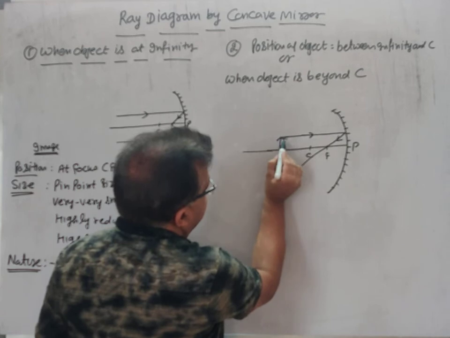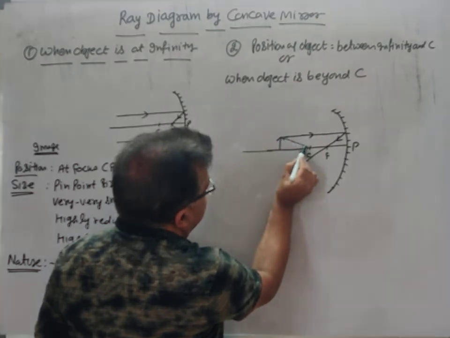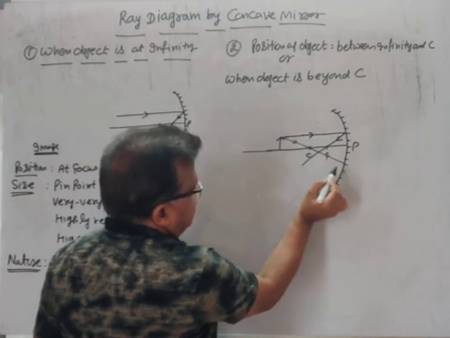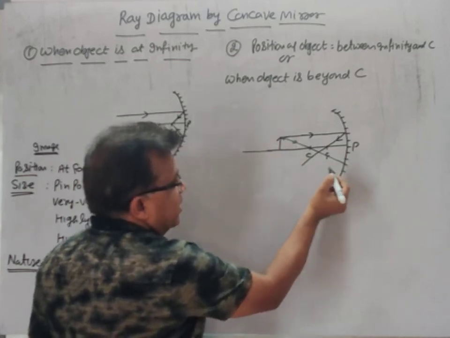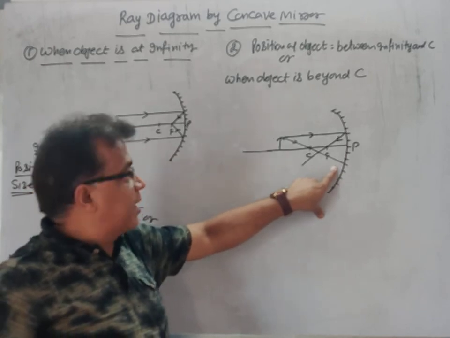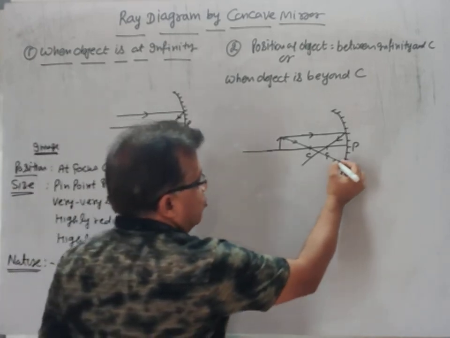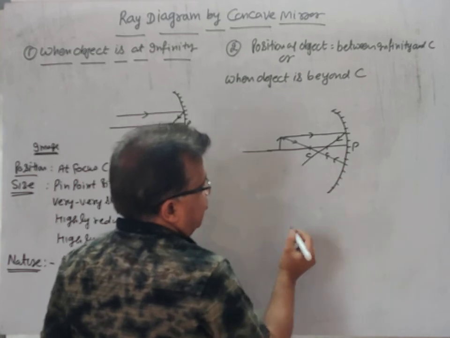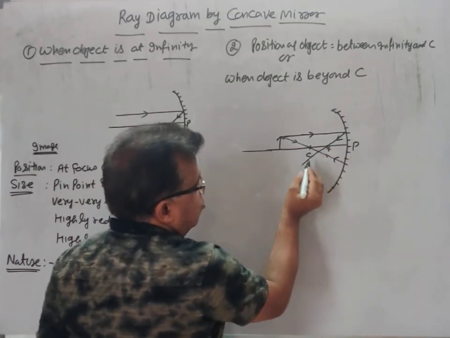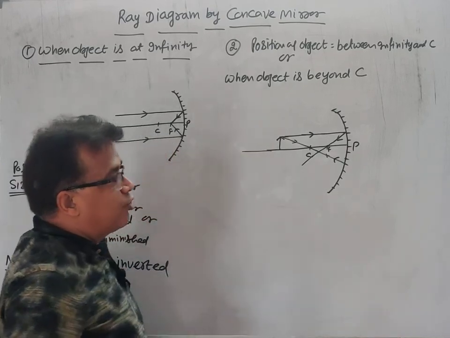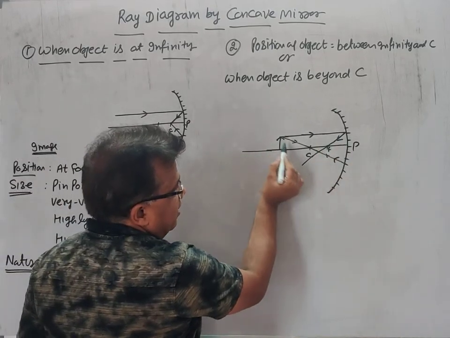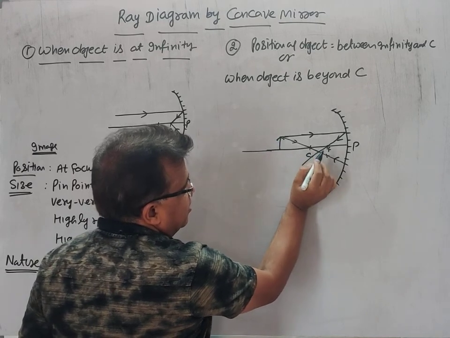Now it is passing through the center of curvature, it is the incident ray, and after striking it, what is the rule? That it will pass back along the same way. So it will move along the same way, and this point is F. So now where both reflected rays meet, this is the first reflected ray and this is the second, they are meeting here.